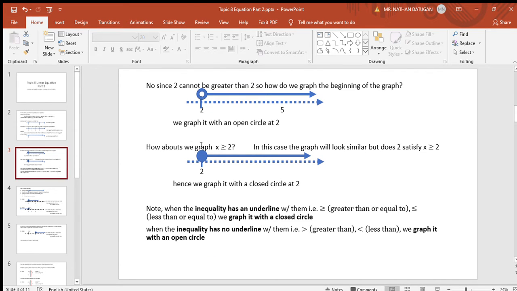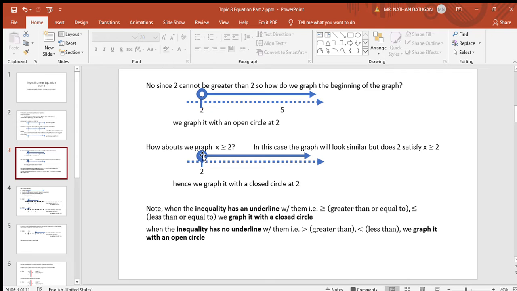How about x is greater than or equal to 2? It's going to look the same as this graph, but the thing that separates the two graphs is that 2 actually satisfies x is greater than or equal to 2. So how do we graph it? We graph it with a closed circle. Closed circle means yes, 2 is included.